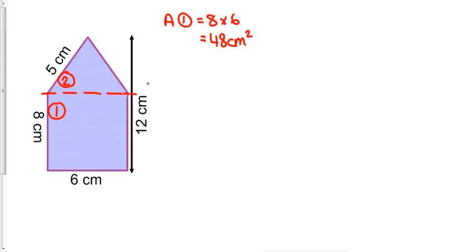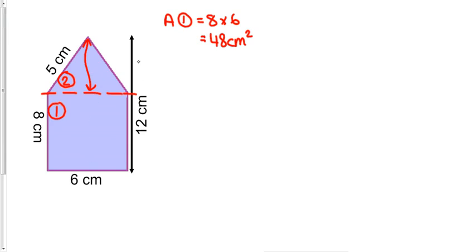Area number 2, the triangle, is a little bit more difficult. I don't immediately have all the information I need to work out the triangle. What I am lacking, if I look straight at the diagram, is my perpendicular height for the triangle. So how do I get that? Well, from top to bottom of the entire shape is 12 centimetres. From the bottom to here is 8.